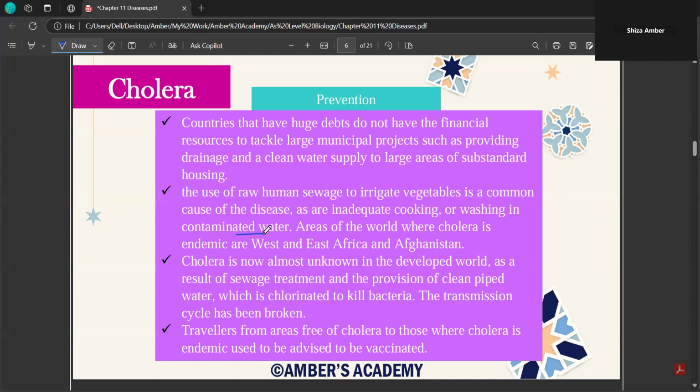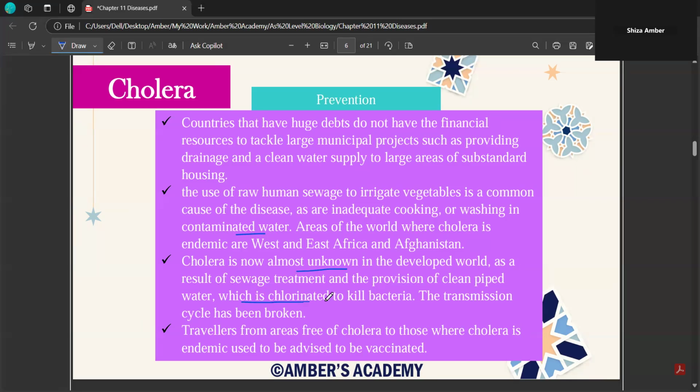Areas of the world where cholera is endemic are West and East Africa and Afghanistan. Cholera is now almost unknown in developed countries, but it's still endemic in the countries or continents which are lagging behind in sewage treatment and the provision of clean piped water, which is chlorinated to kill bacteria.